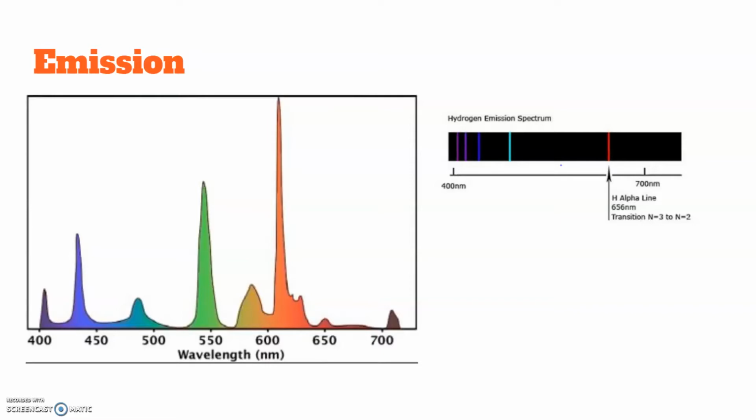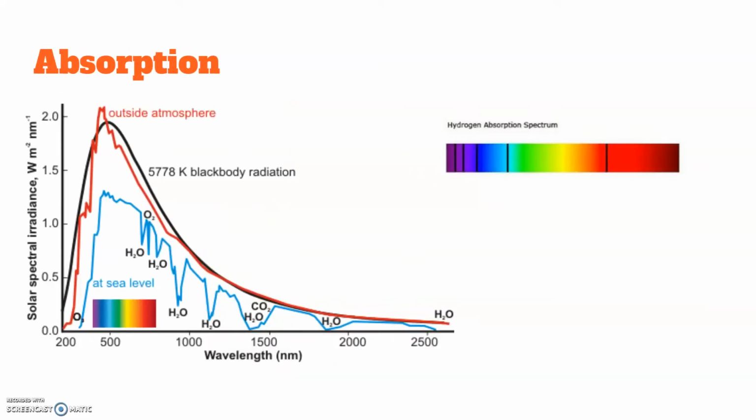However, for nebula and other objects that aren't hot and dense like stars, we tend to go towards absorption spectrums. Absorption spectrums are spectra that we observe when we're looking at a star that might have a nebula in front of it, and the spectrum will have gaps in it, the little black marks, that correspond to the elements within the nebula.